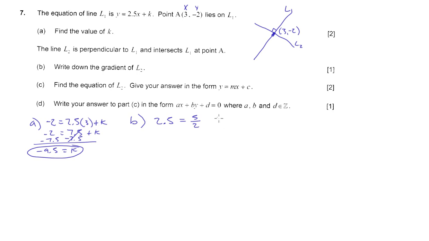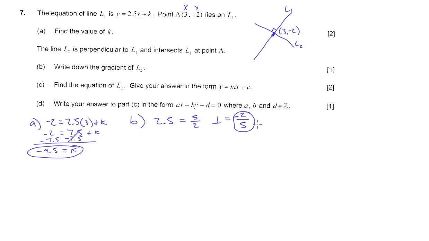The perpendicular slope switches the 5 halves over, so you take the reciprocal, 2/5, and then you also switch the sign. So negative 2/5 is going to be our slope of the perpendicular. Okay, so that's B.